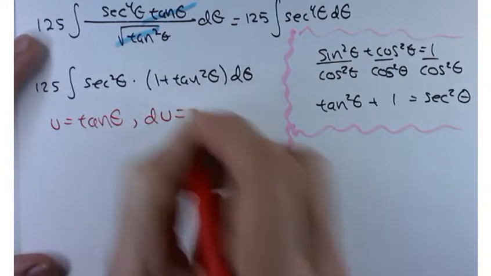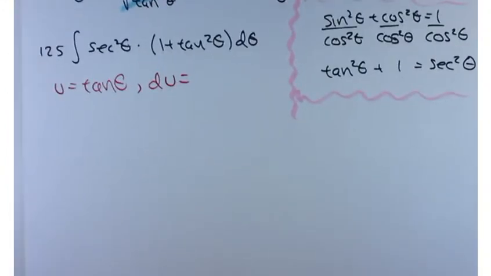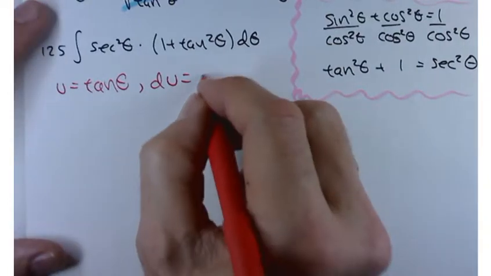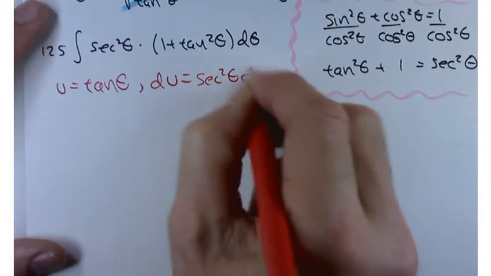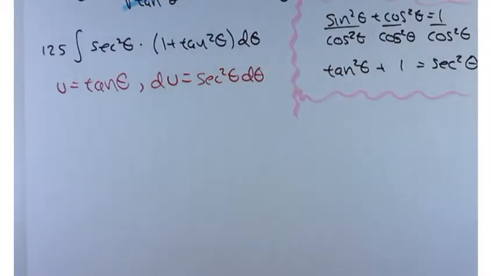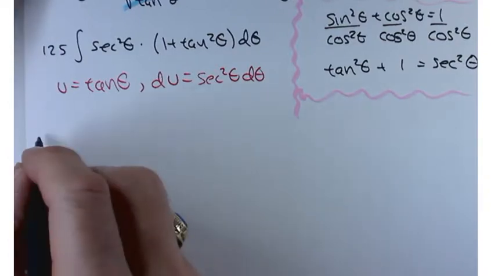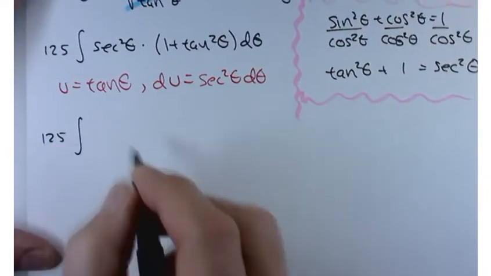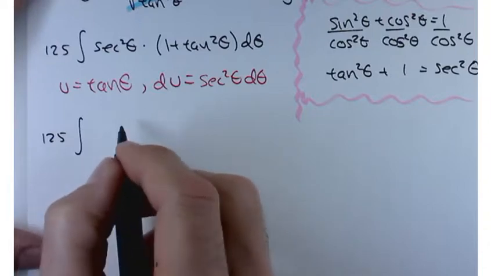Secant squared of theta d theta. That's 125 times the integral of 1 plus u squared du.